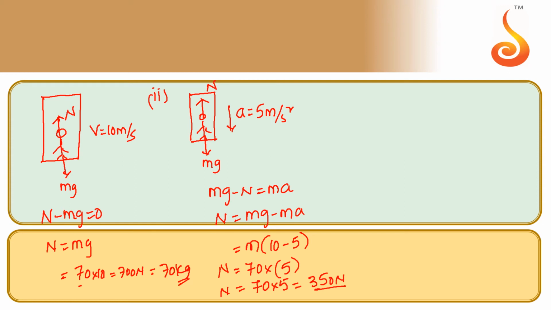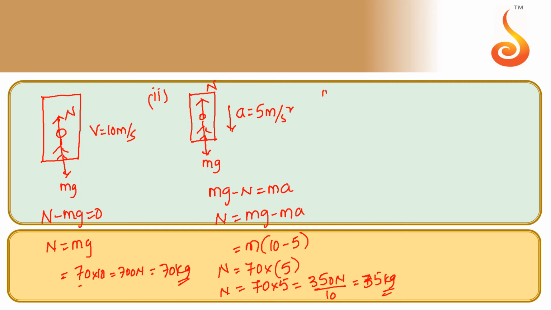Divided by 10 will give us his mass, which is 35 kg. See, if the lift is going downward with acceleration a, the apparent mass of the man appears to be 35 kg. So why did I divide by 10? Because we got the force. Since we want mass, we divide by acceleration due to gravity to get the mass.